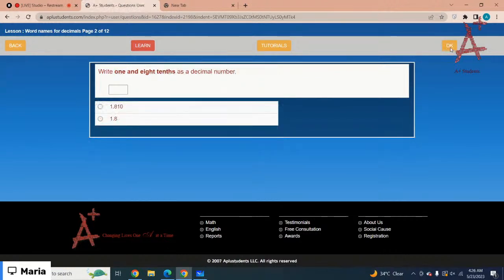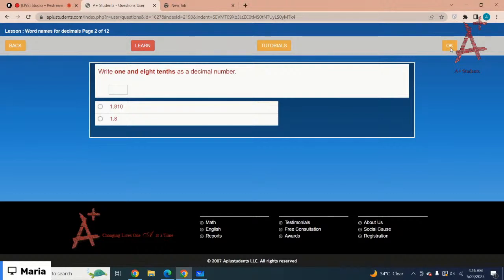Okay, write 1 and 8/10 as a decimal number.